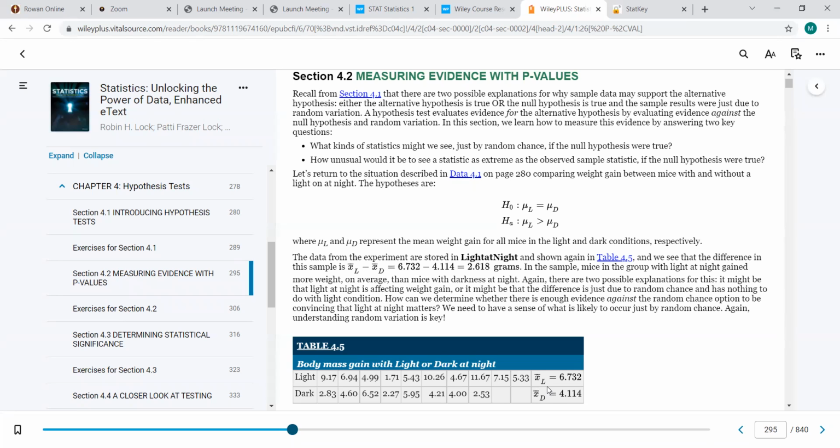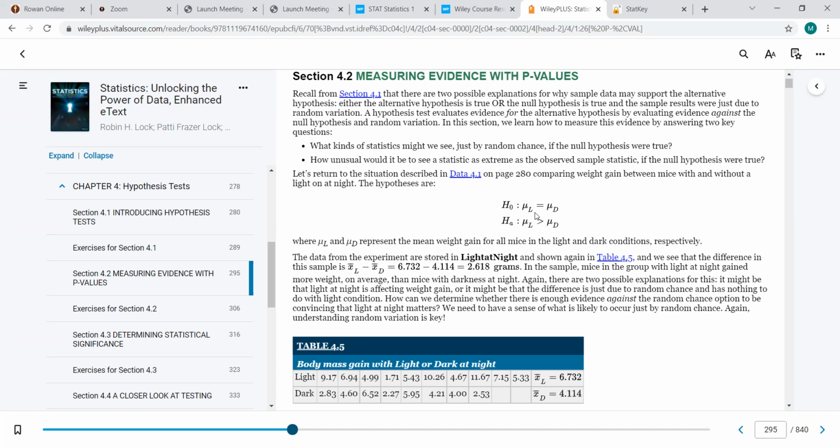You can see for just this one sample of 18 mice, the light group had higher weight gain than the dark group. Now, because the light group has, for this one sample, a greater weight than the dark group, does not mean that the whole population is that way. So the null hypothesis is there's no difference between the two groups.